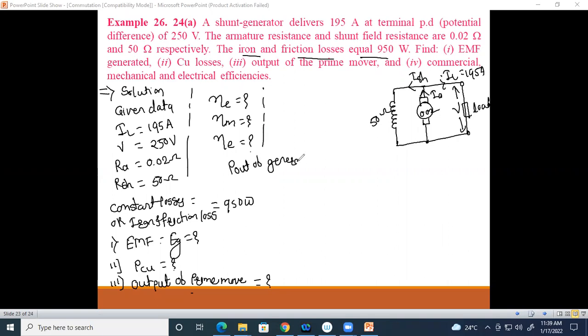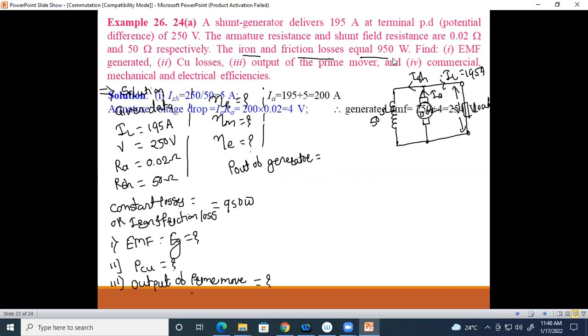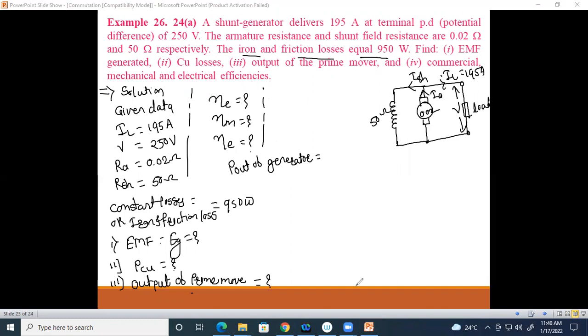Tell me, what is the formula for output power, P out? It is VI. The output terminal voltage is given and the load current is given.